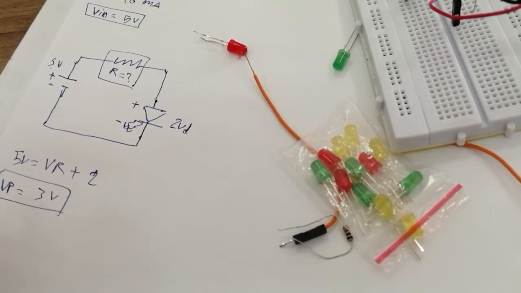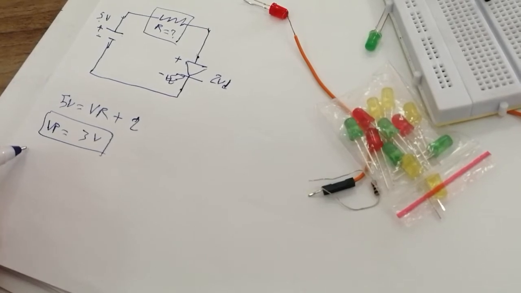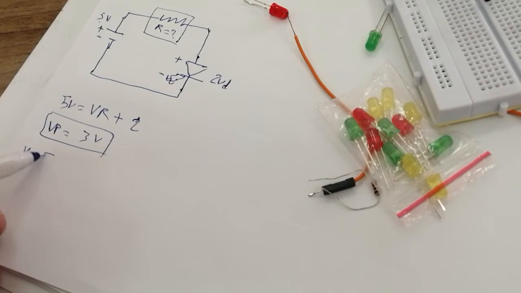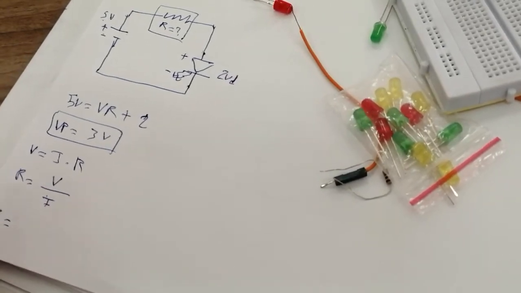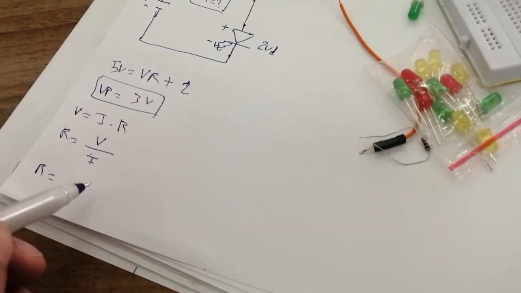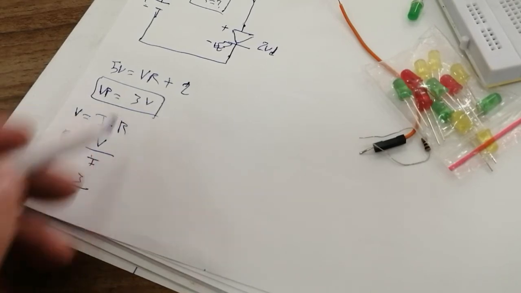Okay, that's good. Now from Ohm's law, we know V equals I multiply R, so R equals V divide I. Now V equals 3, that we need.